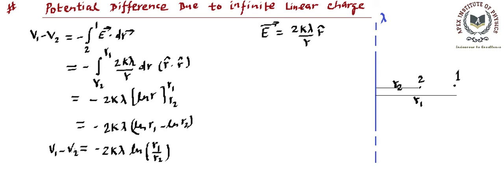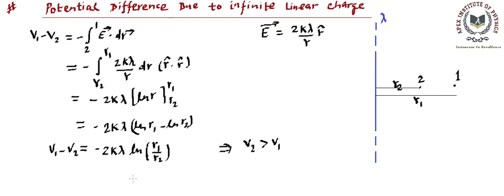Since V1 minus V2 comes out to be negative, it implies V2 is greater than V1. So from here we have one implication: V2 is more as compared to V1. That means if we are closer to the charge, the potential is higher. If we are far apart, the potential is lower.